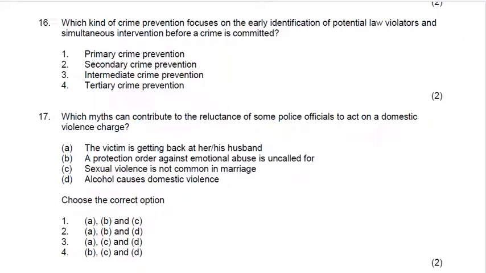B. A protection order against emotional abuse is uncalled for. C. Sexual violence is not common in marriage. Do not forget that these are myths, guys.